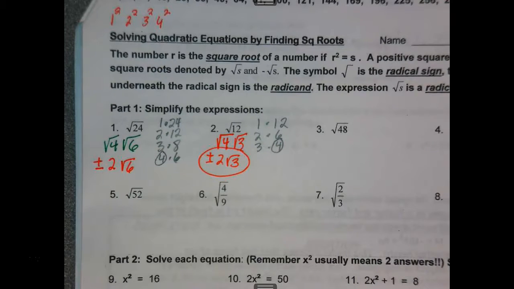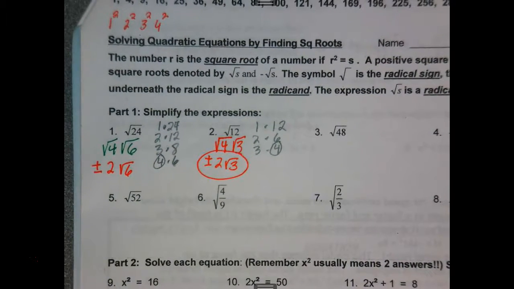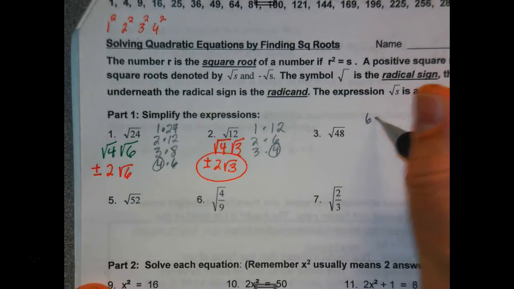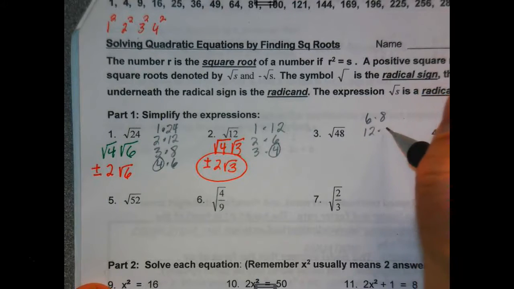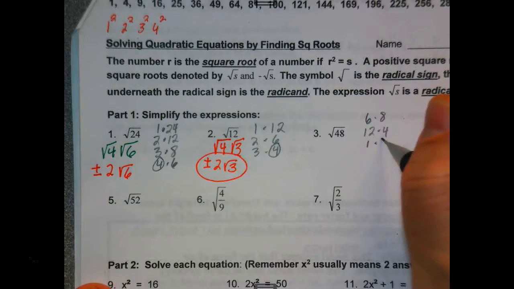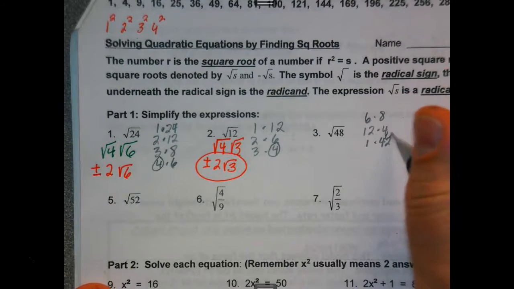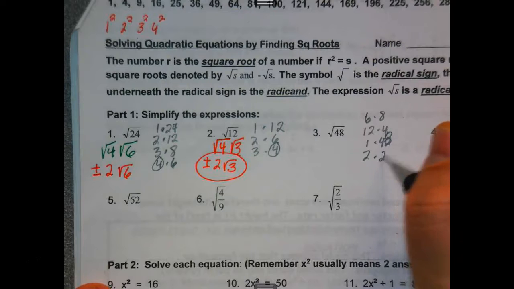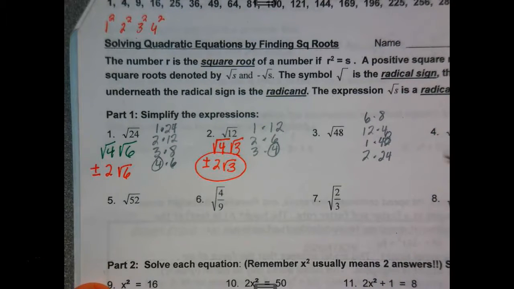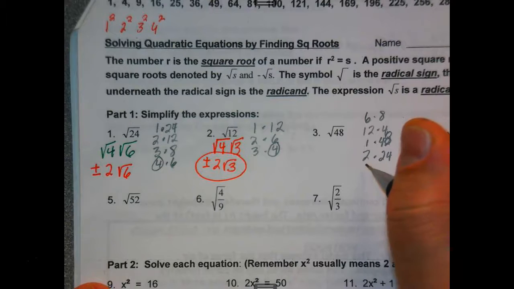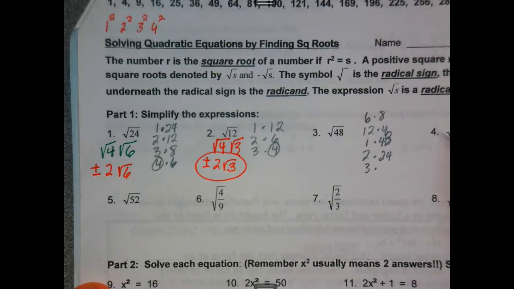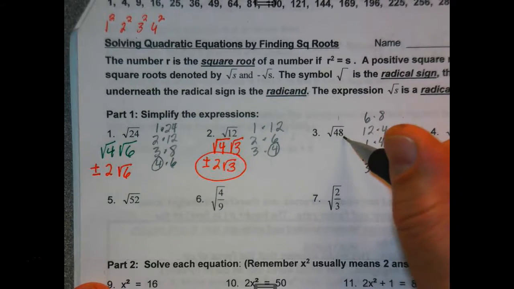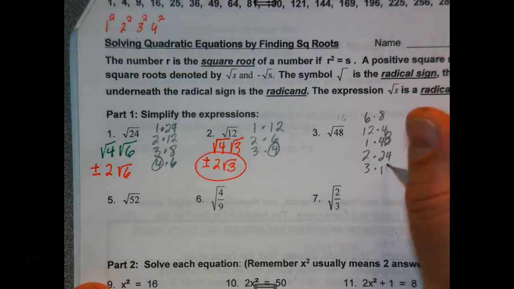How about the square root of 48? Oh my God, here we go. 6 and 8, 12 and 4, 1 and 48, 2 and 24. 3, oh, 3 goes in there, doesn't it? 3 goes into 48 sixteen times.